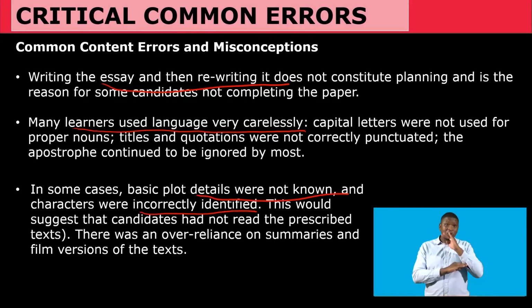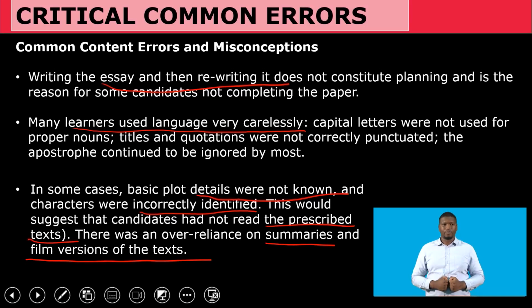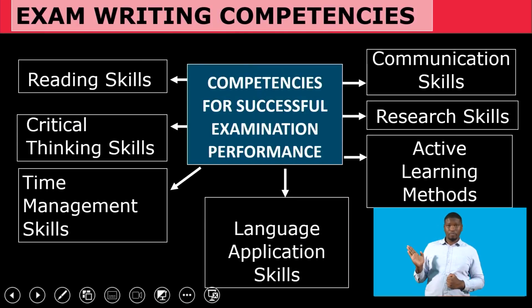This would suggest that candidates had not read the prescribed texts. There was an over-reliance on summaries, so SparkNotes and Wikipedia, and film versions of the texts. These are just some of the competencies and skills that you require in order to write a successful English Home Language Paper 2.